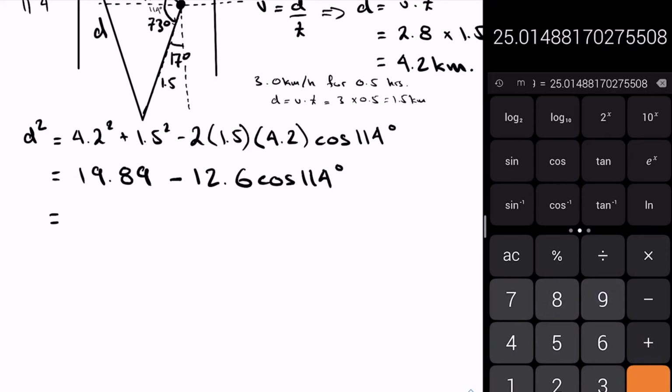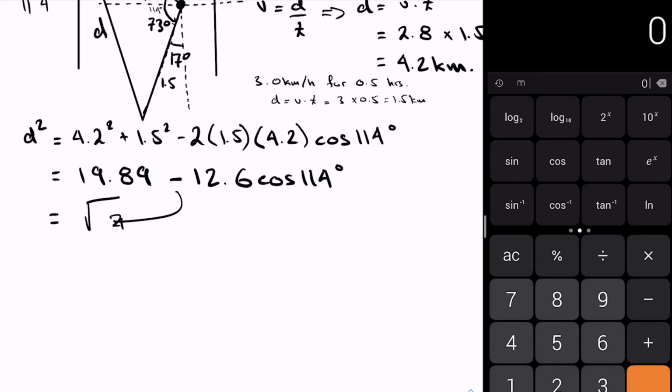19.89 equals 25.01. And if I take the square root of that number, I just want to use the most accurate decimal number I can. Oh, I just deleted it. Let me do that one more time. Minus 12.6 times 4.